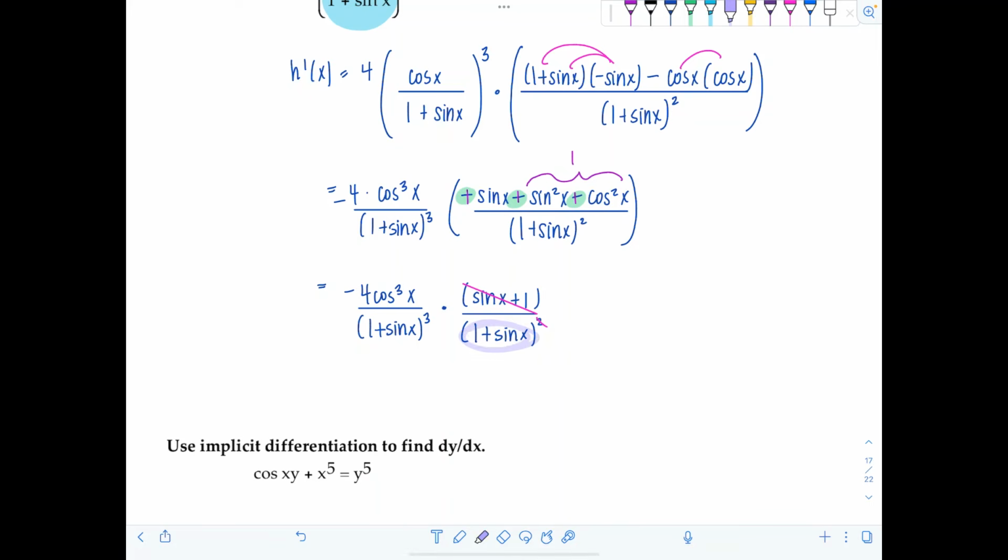And notice this is 1 plus sine x. This is 1 plus sine x cubed. Let's combine those, and then I think we're done. Negative 4 cosine cubed x over 1 plus sine of x all to the 4th. Beautiful. Wow, I love it.